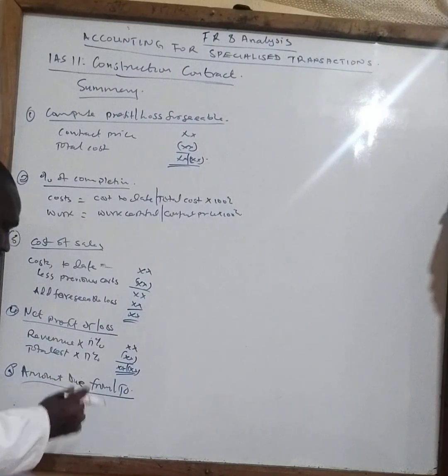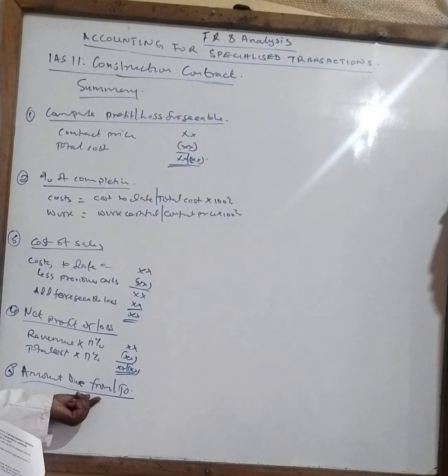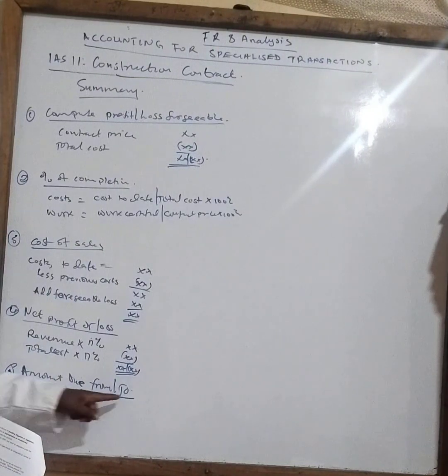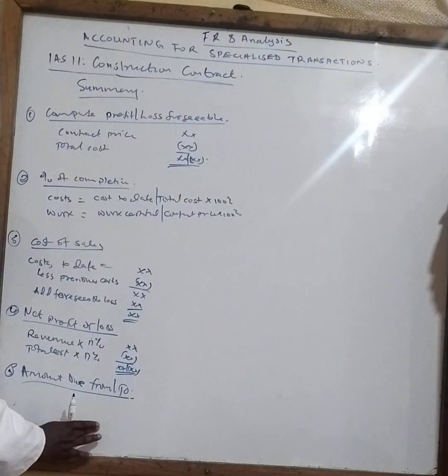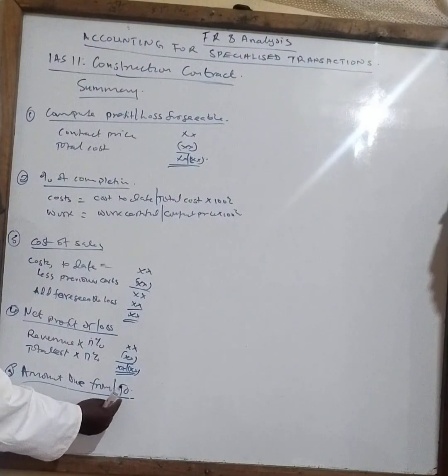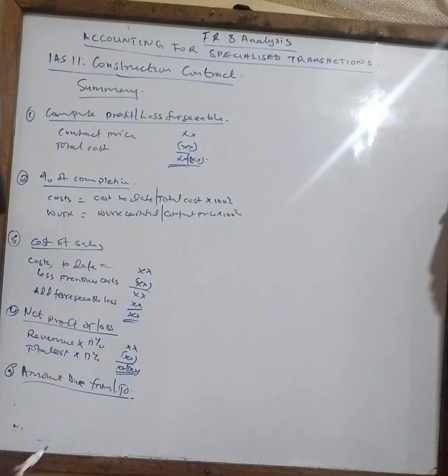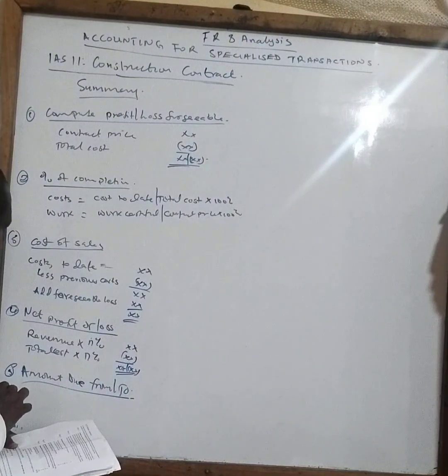Amount due from means that we are the one receiving as a construction contract entity, so it is our asset. But if it is amount due to, it is a liability. Therefore, when you do the computation and find a positive, it is receivable; if you find a negative, it is payable. For instance, how do you go about this? You take cost to date.